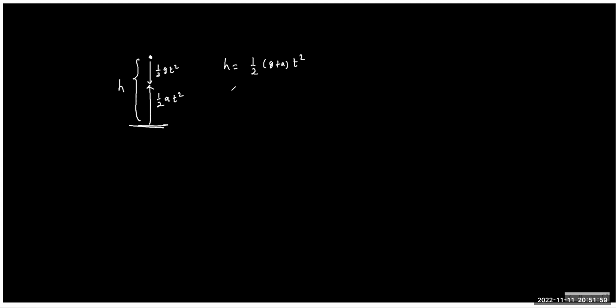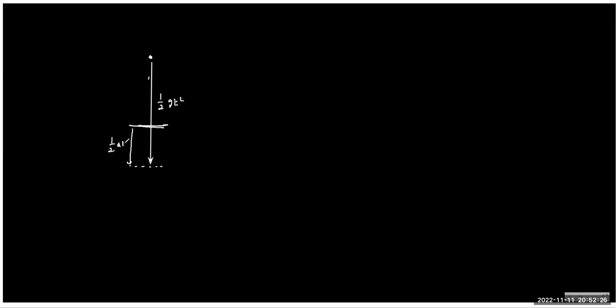Sir, the elevator is also going down. Actually, it's going down. So okay, I have to make it a subtraction then. That's right. If you start dropping, it will fall faster. So when it hits, the elevator will be somewhere here, right? The coin will travel half g t square total, but the elevator will travel only half a t square, and this is h.